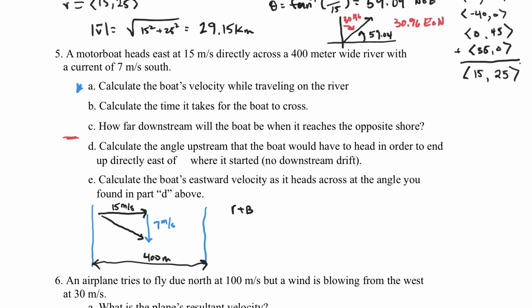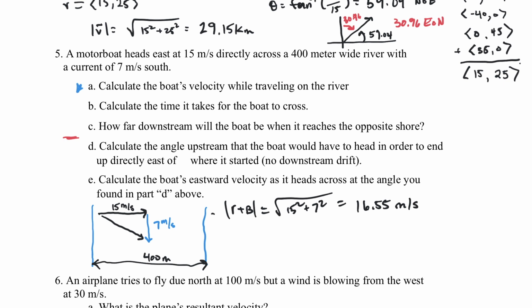We're going to do the Pythagorean theorem, or the magnitude formula. 15 squared plus 7 squared gets me essentially 16.55 meters per second. The river is slightly increasing the boat's speed, because it's moving it down. So the horizontal component there is a little bit faster.